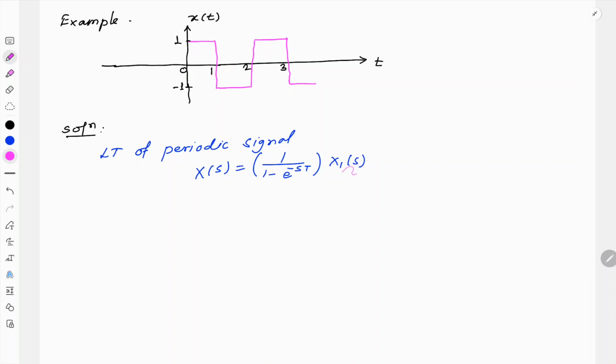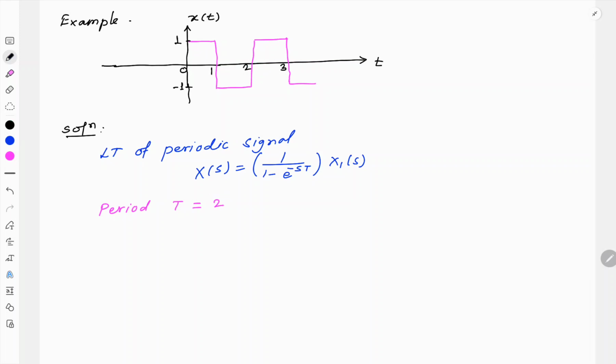To find out this Laplace transform, we must know the period of given signal. So period T equal to, for the given signal, this waveform starts at 0 and ends at 2. So period is 2.